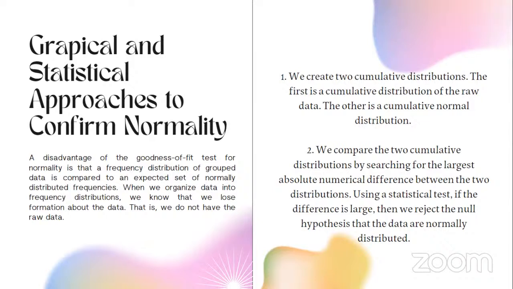The first is a cumulative distribution of the raw data. The other is a cumulative normal distribution. Then we compare the two cumulative distributions by searching for the largest absolute numerical difference between them. Using a statistical test, if the difference is large, then we reject the null hypothesis that the data are normally distributed.